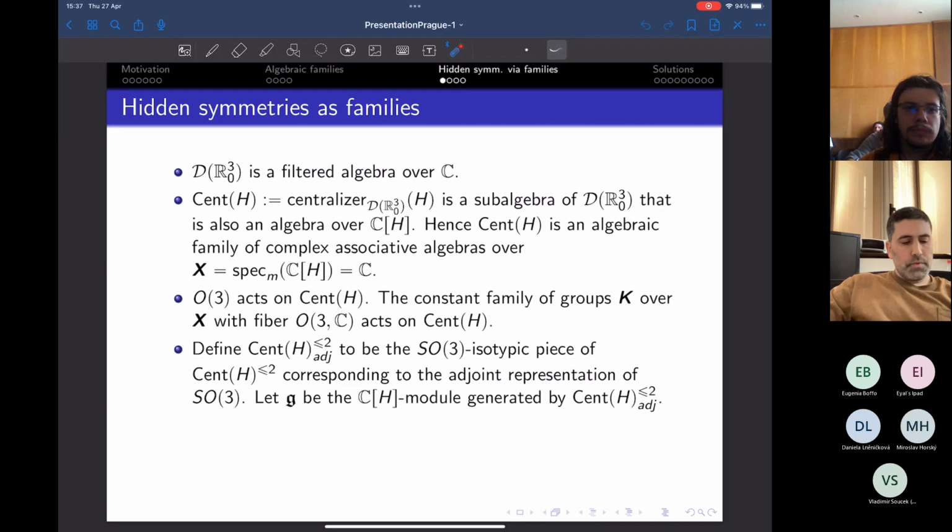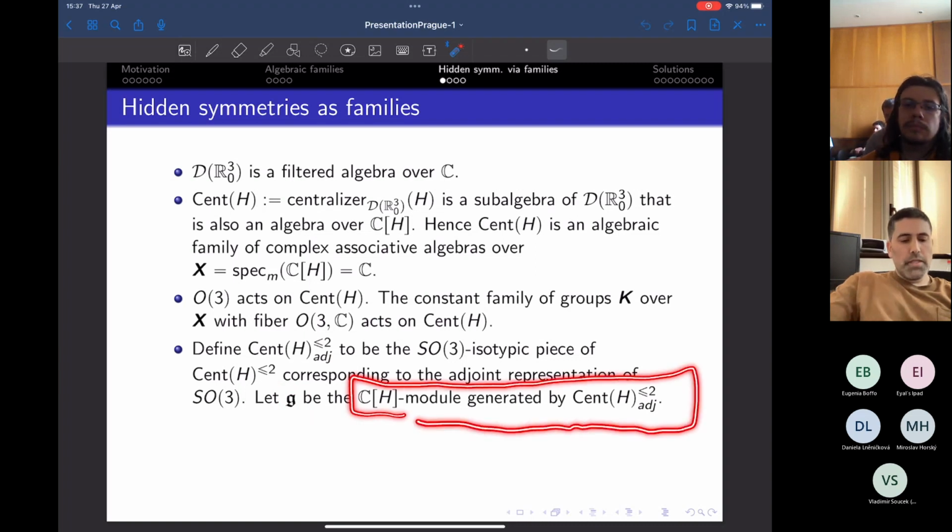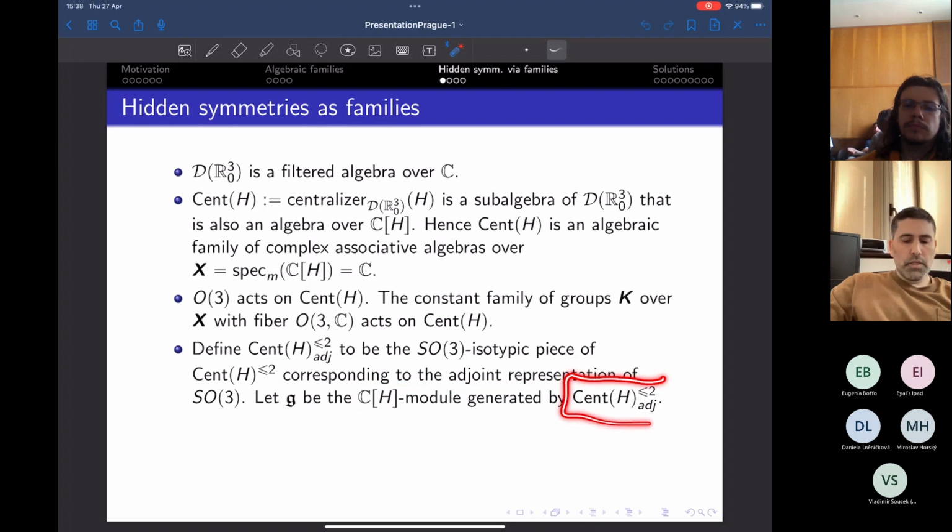And I want to define G, bold G, as the C of H module generated by this chunk that I chose. This all lives inside the centralizer of H, which is a module for C of H. So it does make sense to define G in such a way.